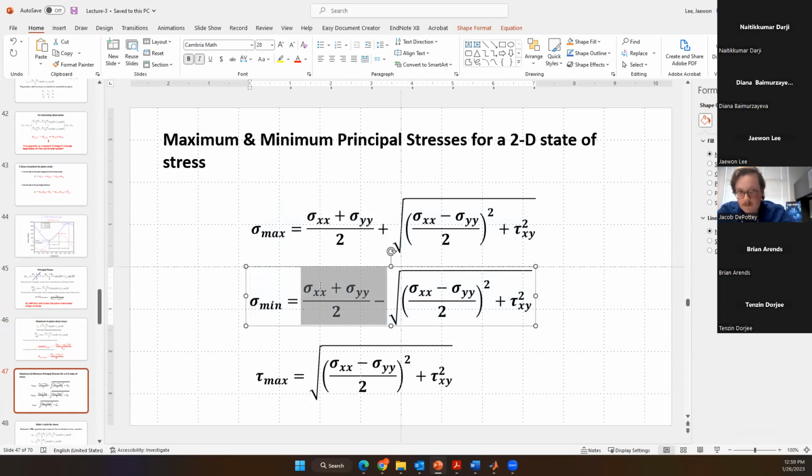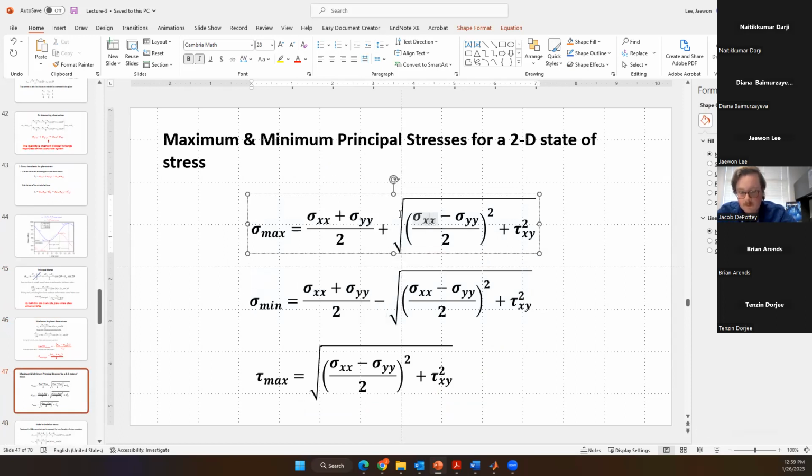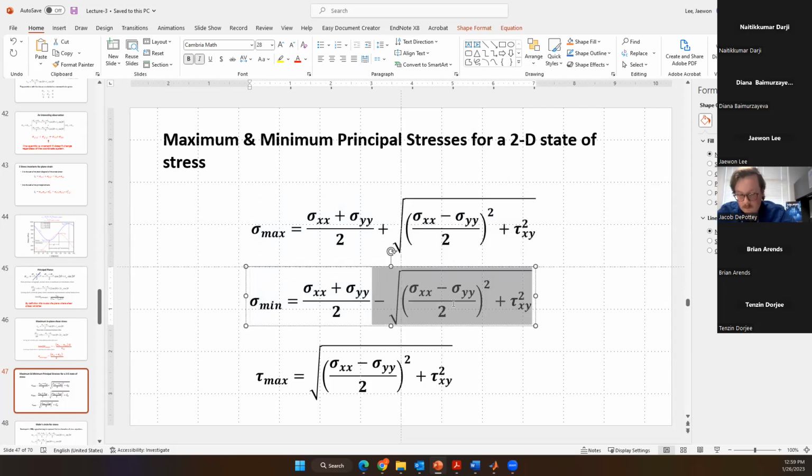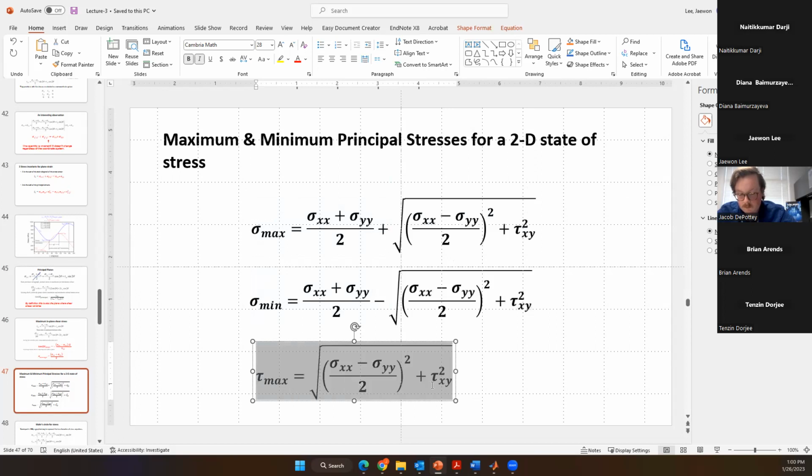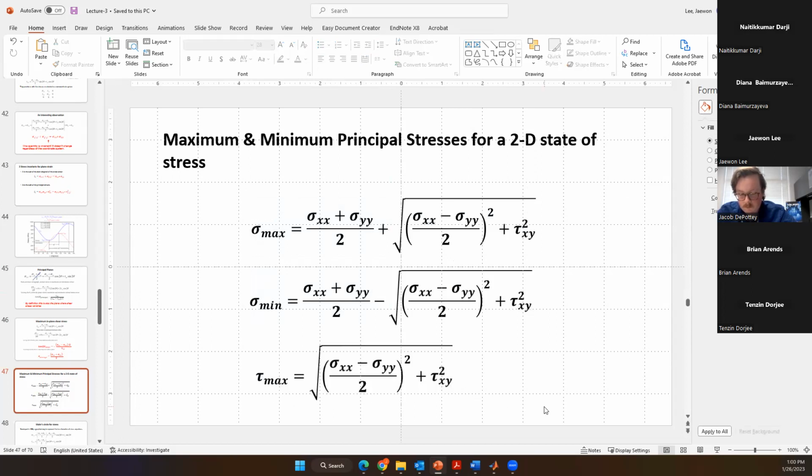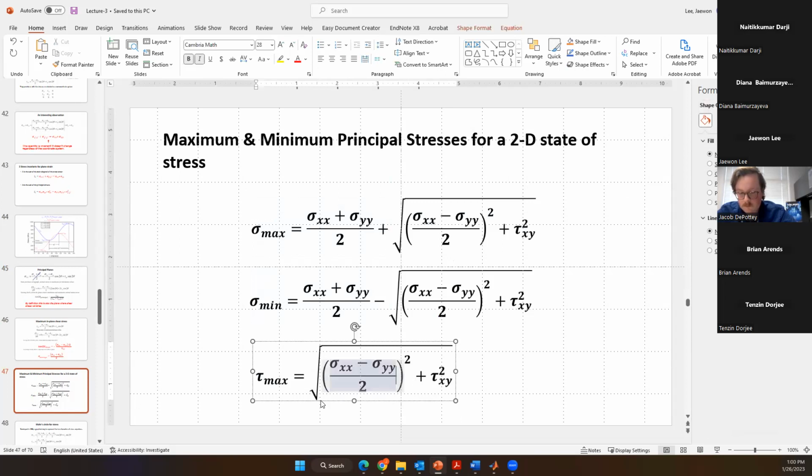With the average normal stress, the maximum is plus, the minimum is minus, and how we calculate the maximum can be expressed by these equations.